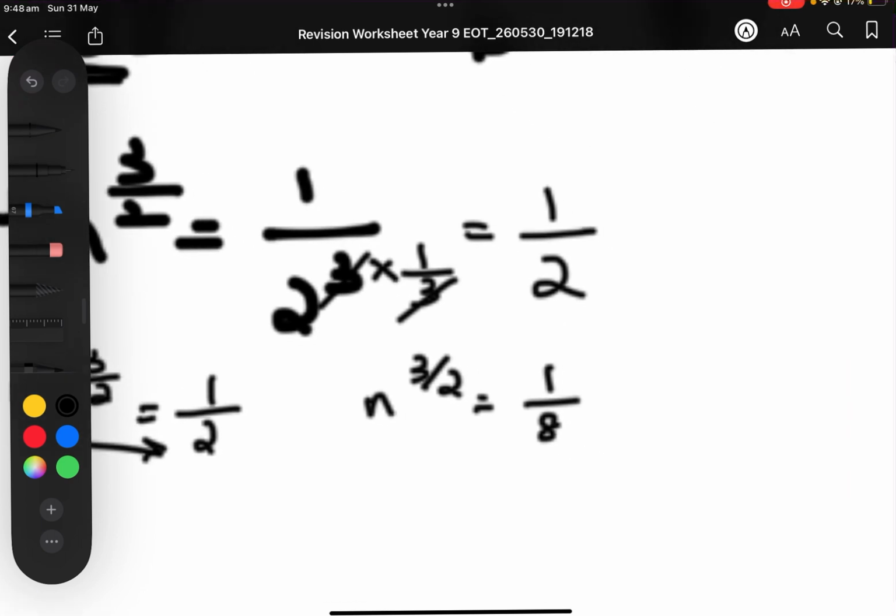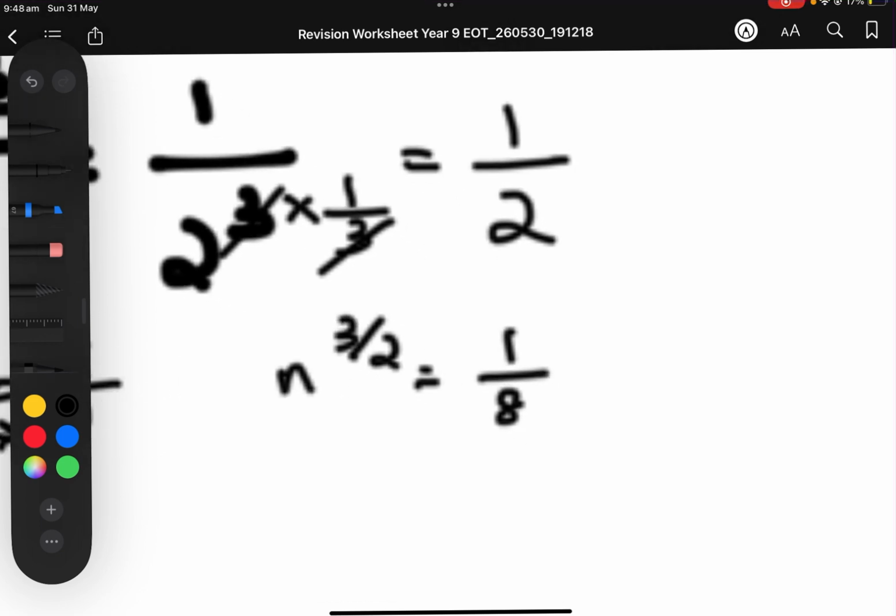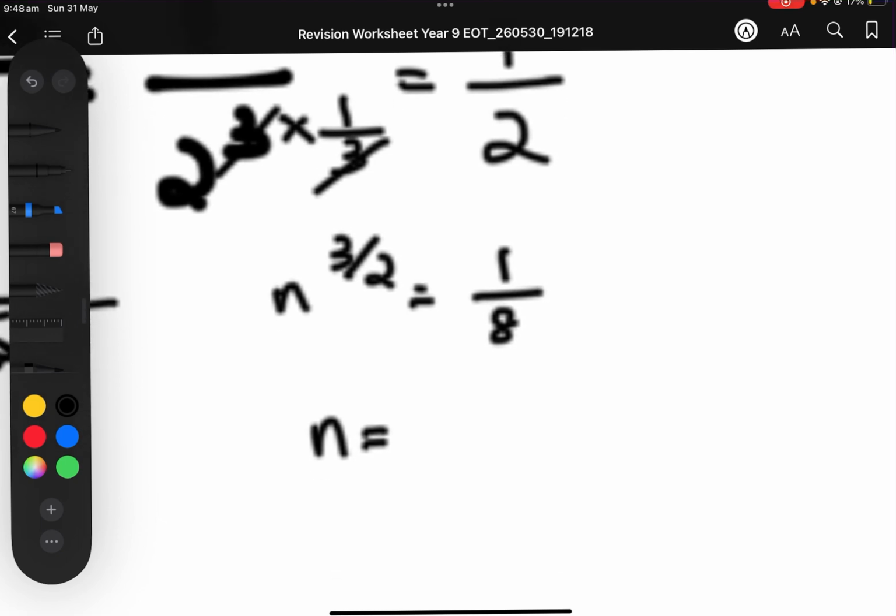Then what you're going to do, bring this 8, because we want everything in the numerator. We can do that. So n to the power 3 by 2 is equal to 8 to the power minus 1, because 8 has come from the denominator to the other side.